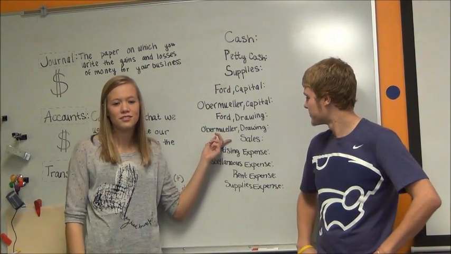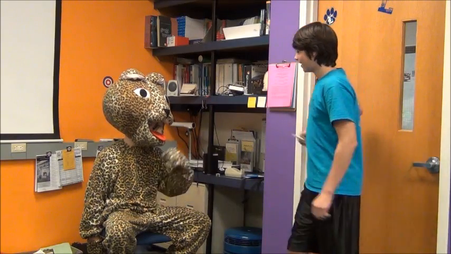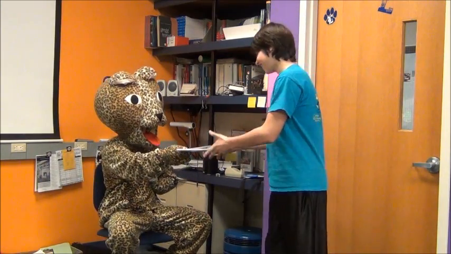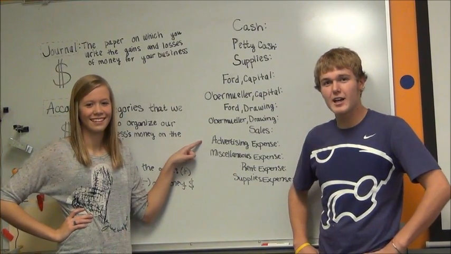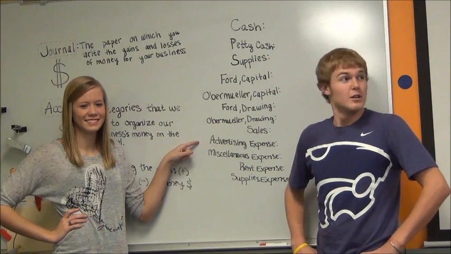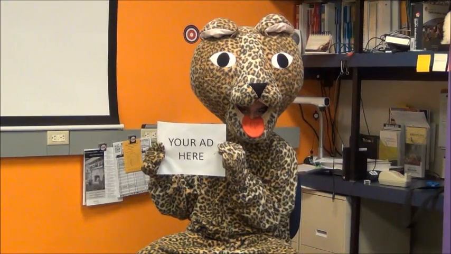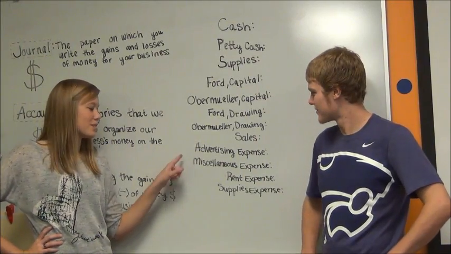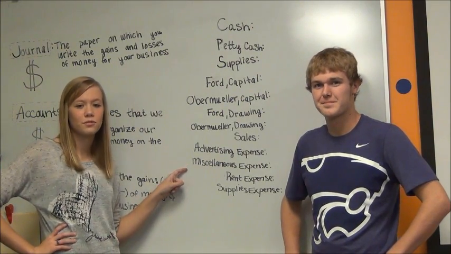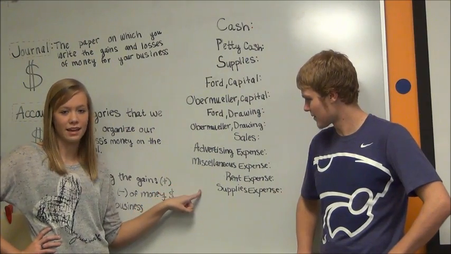Sales is the account that we use to record the items that were sold for our business. Advertising expense is the account used where we record money used for ads for our business. Miscellaneous expense is the account that we use to record the money that is not used for advertising, rent, or supplies.